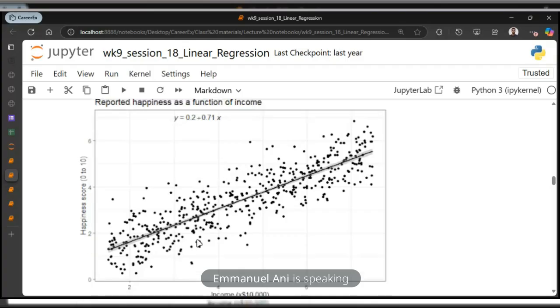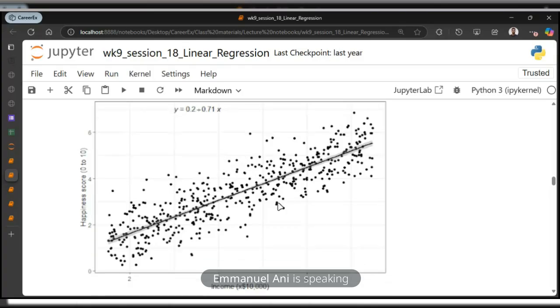In this diagram, the predicted values are the values on this line. This line represents the predicted values, while the dots scattered all over are the actual values.